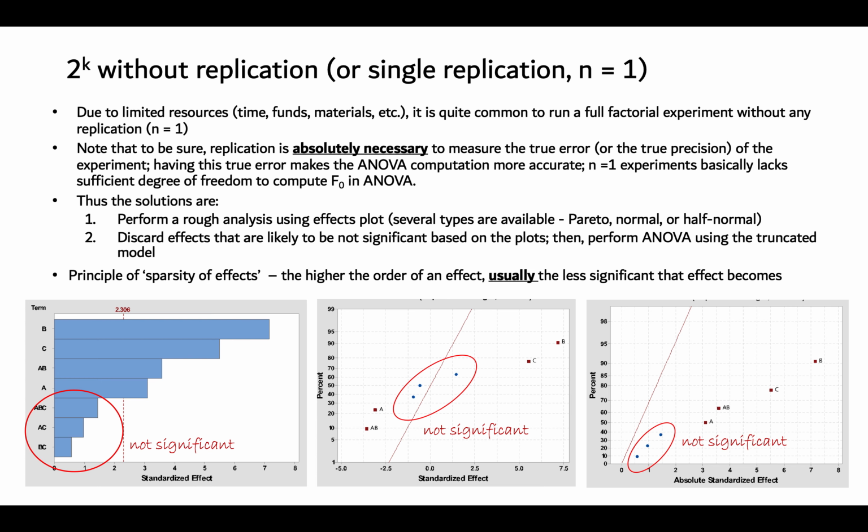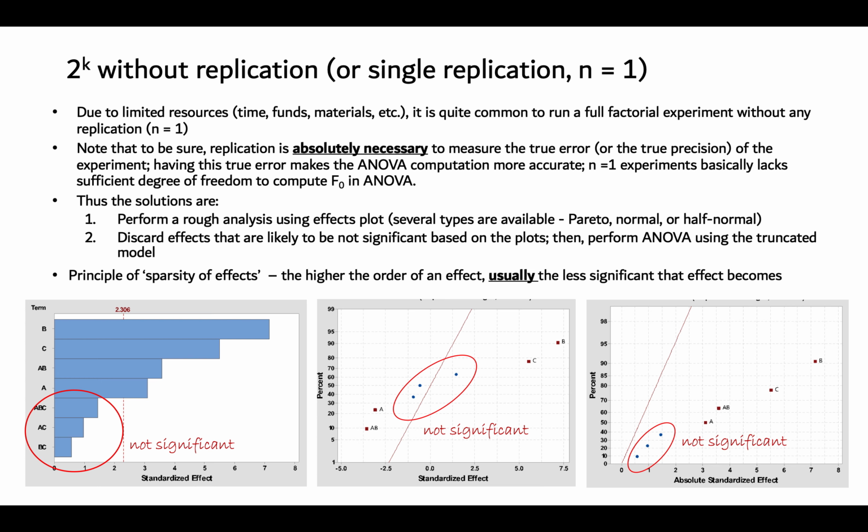For example, if we have a 2 to the power of 6 experiment, which has 6 factors, this factorial design will have 6 main effects, 15 two-factor interactions, 20 three-factor interactions, 15 four-factor interactions, 6 five-factor interactions, and 1 six-factor interaction.